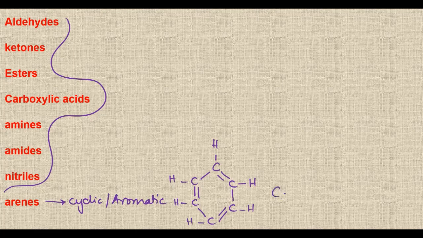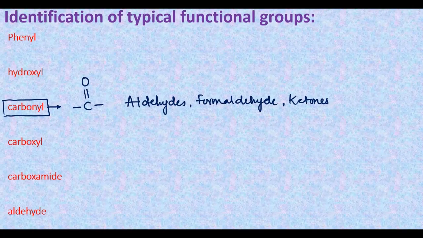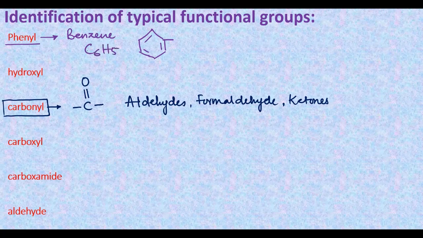The molecular formula of benzene is C6H6, and this functional group is also called phenyl, which is benzene. So if a benzene molecule has one of its valencies free due to the loss of a hydrogen, it will become a phenyl with the molecular formula C6H5, one valency of carbon free.